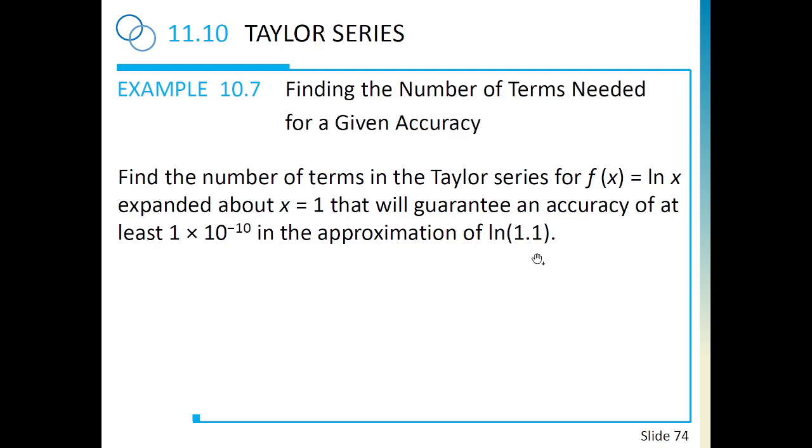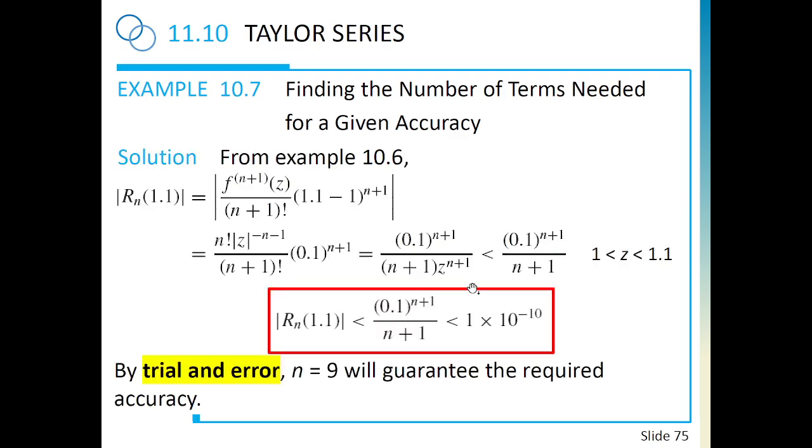Now this question is, what is the polynomial that you need to use? So what's the degree of the Taylor polynomial that you need to use in order to get an approximation correct to 10 to power minus 10? So that's a little bit different as a question. Again, since we know it is an alternating series, we can use the result from alternating series.